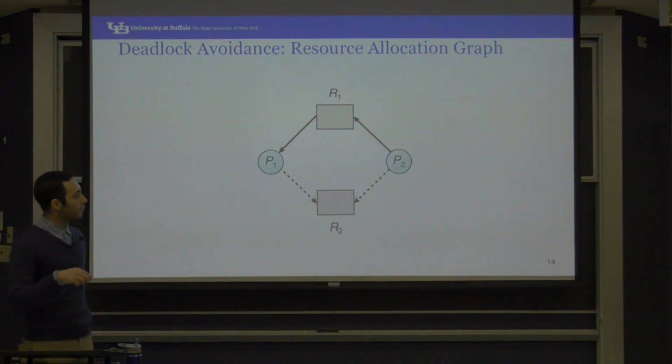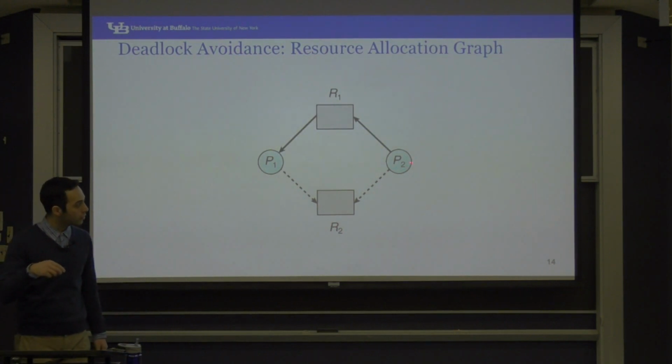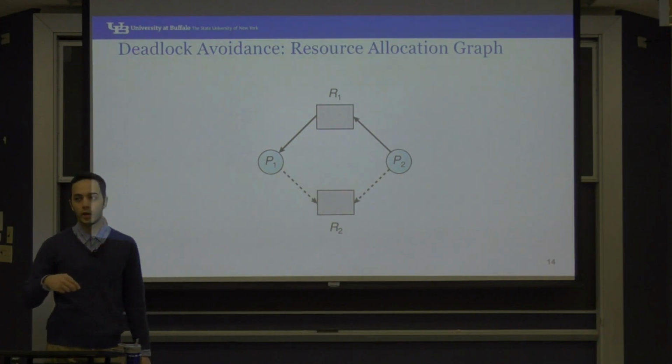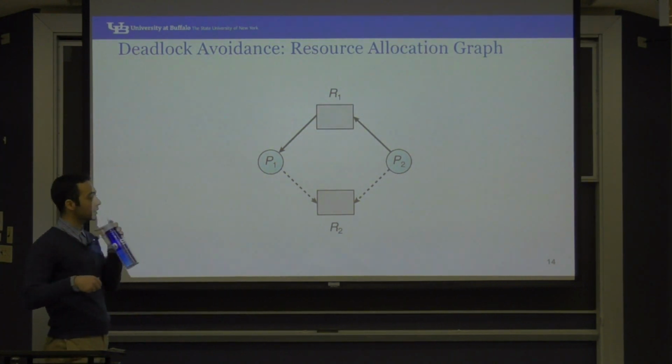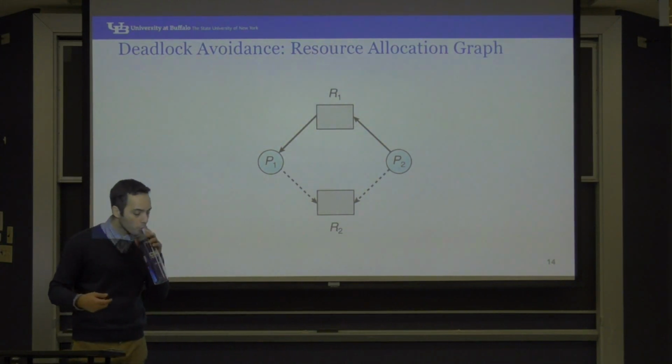Now what happens if P2 requests R2? Should the system give it or not? Why not? It's not necessarily a deadlock, because it's actually using the dashed lines. It's a possibility. It's an unsafe state.